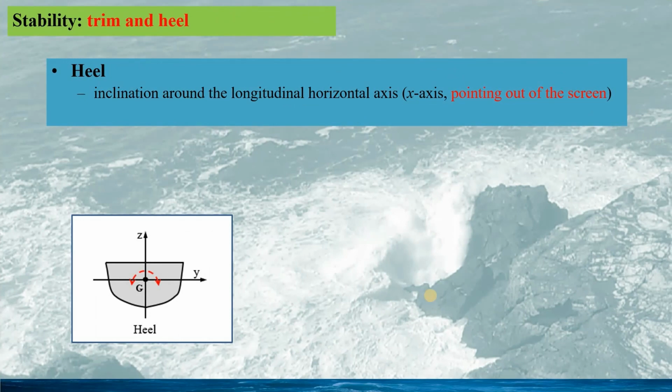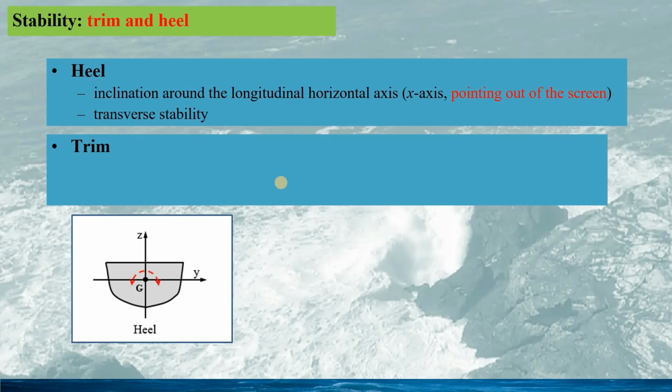Two types of inclinations we need to consider for the floating structure. Heeling, which is the inclination along the longitudinal horizontal axis, normally the x-axis for a boat. In this plot, it is pointing out of the screen, and the relevant stability is called transverse stability, which is the most interesting problem in this talk and in practical applications.